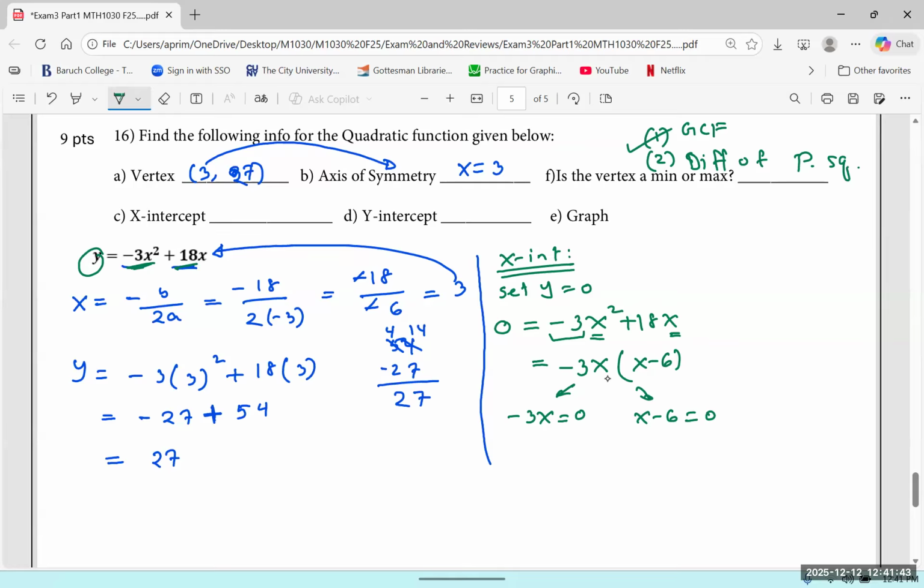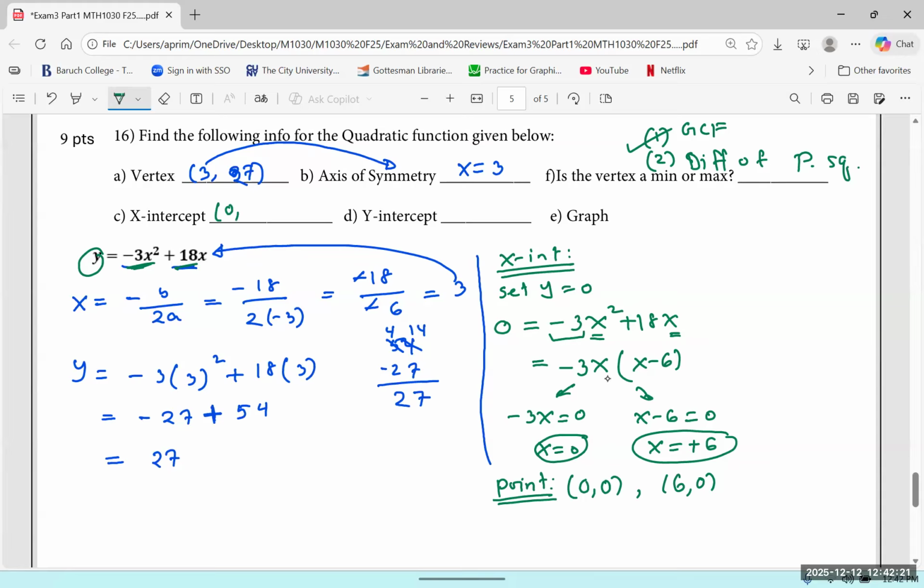Negative 3x equals 0 gives x equals 0, and x minus 6 equals 0 gives x equals 6. If they ask for the point format, I'll write the x-intercepts as (0, 0) and (6, 0).